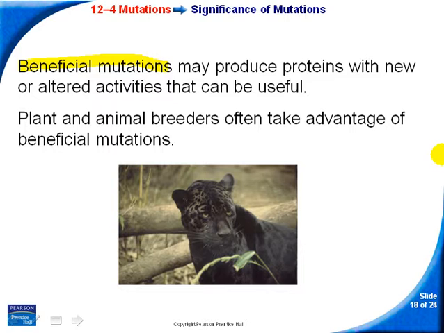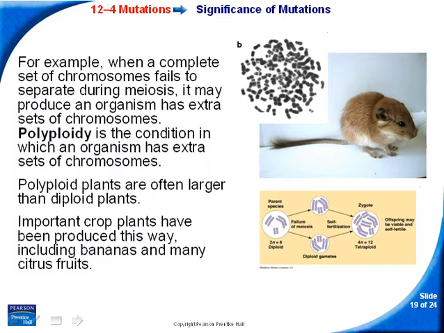Mutations have led to organisms that are immune to disease, and that can be very important when you have plant life. A beneficial mutation might allow an organism to become smarter or faster or stronger or bigger, and that's why mutations aren't always negative, quite often very positive.